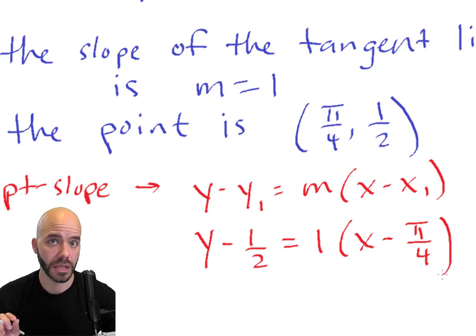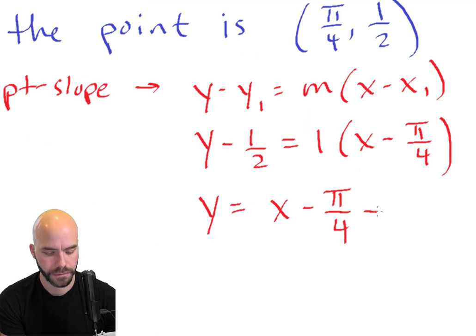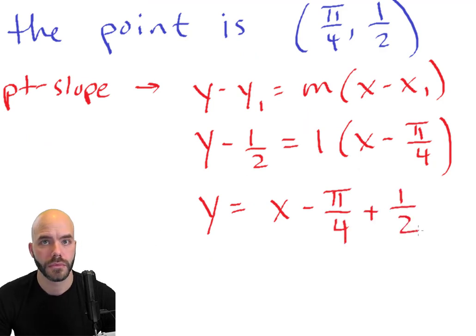So it'll look something like this. There we go. y is equal to x minus pi over 4 plus 1/2. Now you could, if you'd like, combine those two constants with a common denominator. Either way is fine.